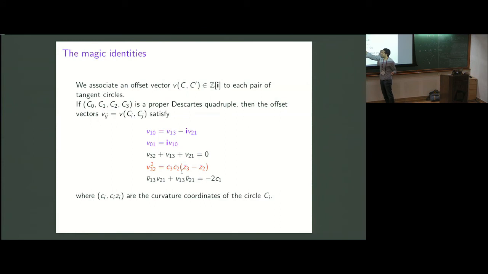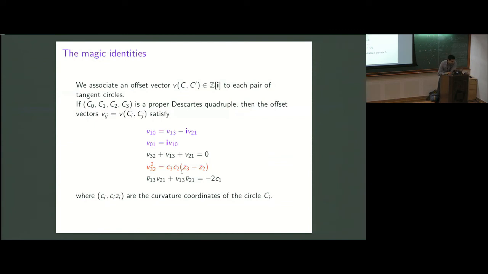But if you multiply by the product of the curvatures of the two circles, then it's obviously a Gaussian integer, because everything is an integer by induction. But magically, it turns out to be the square of a Gaussian integer. So you get all these seeming coincidences like this.